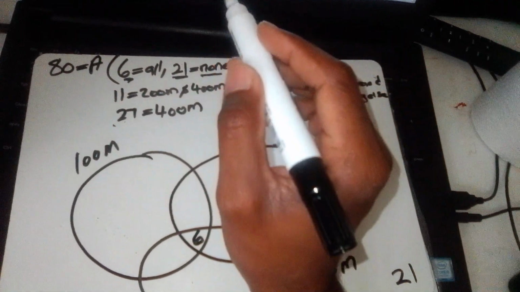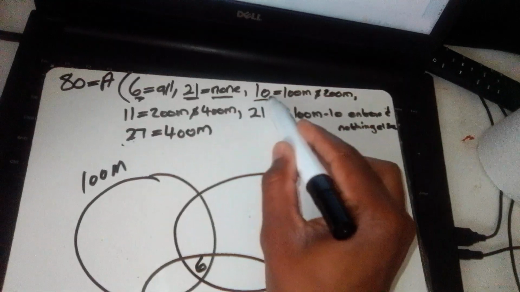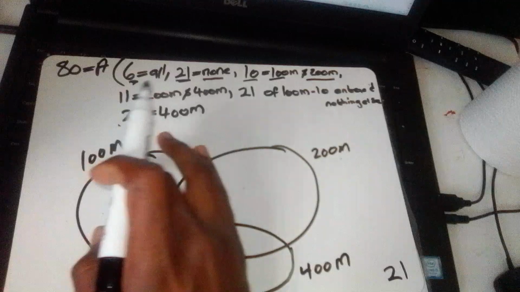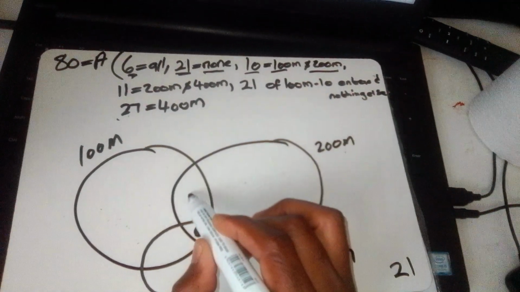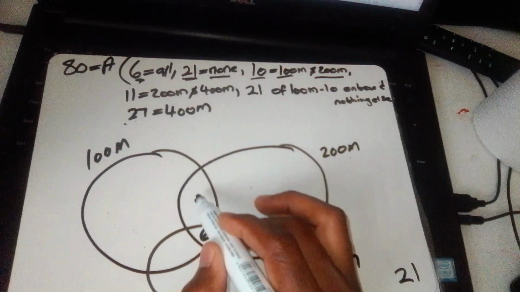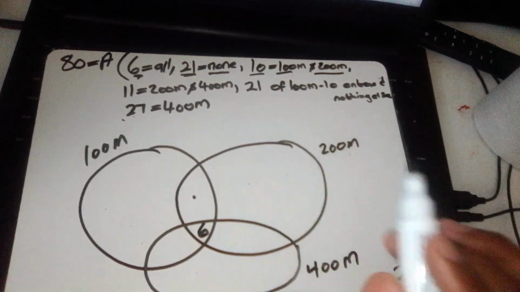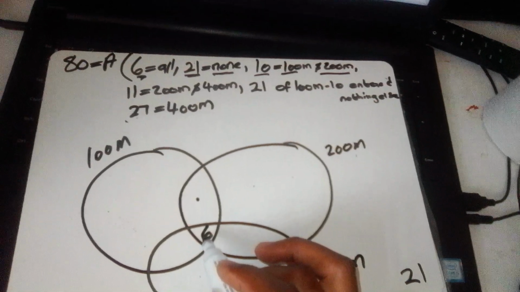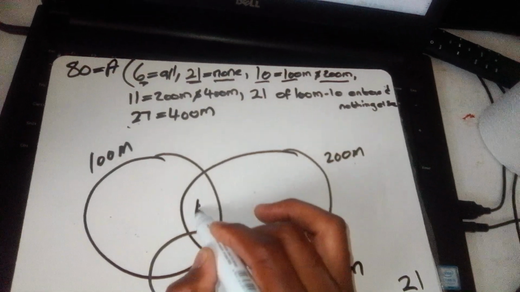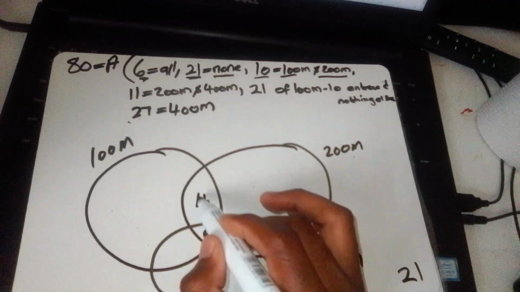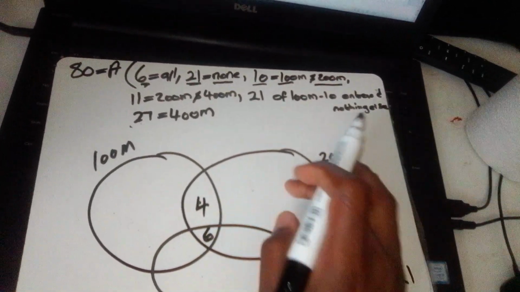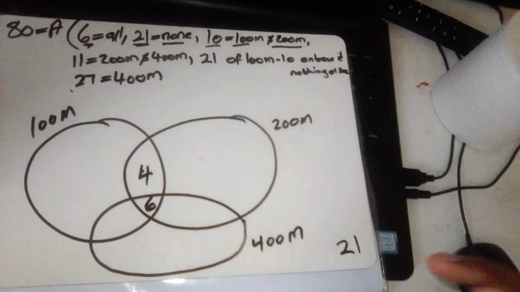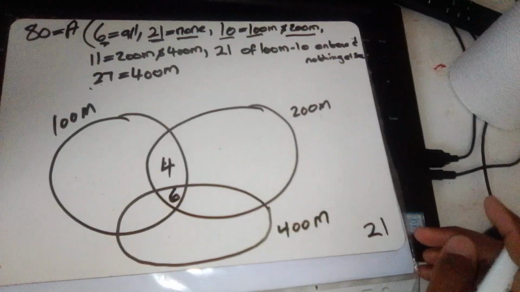And 10 entered 100 and 200. Where is 100 and 200? The overlap is here. We already have 6, so we say 10 minus 6, and we are left with 4. 4 plus 6 is 10. So 10 entered 100 and 200.